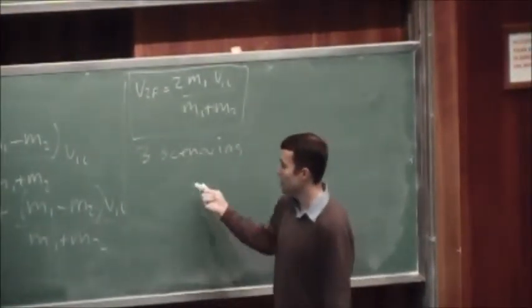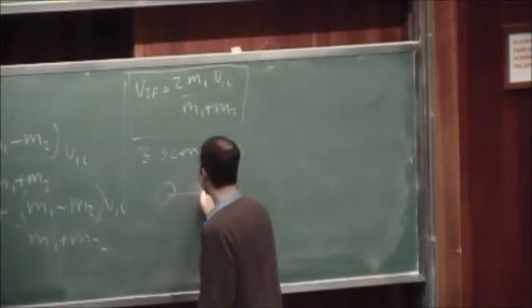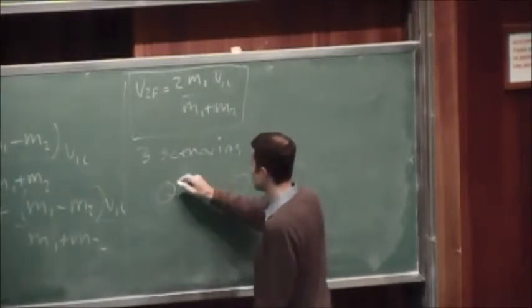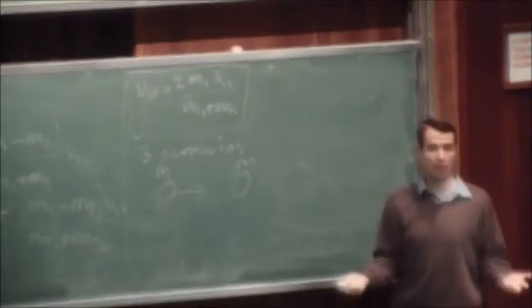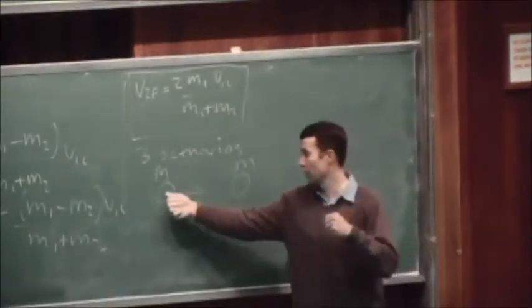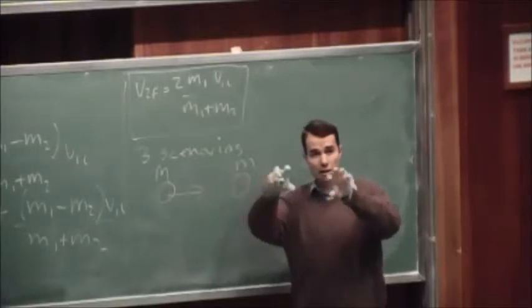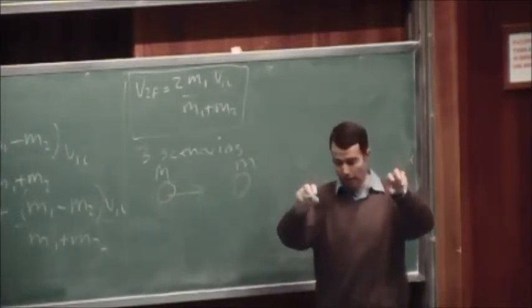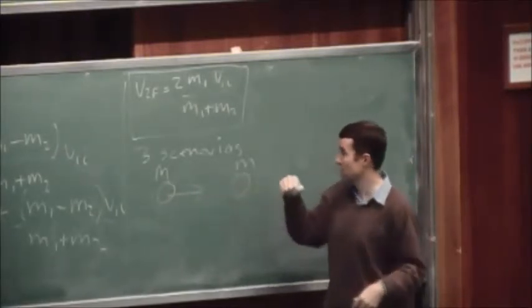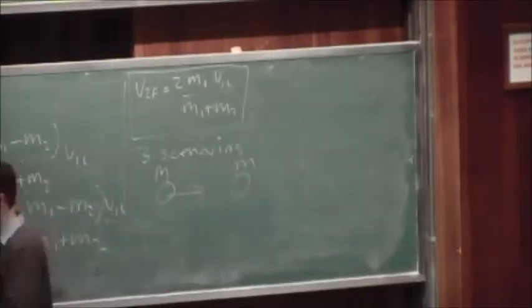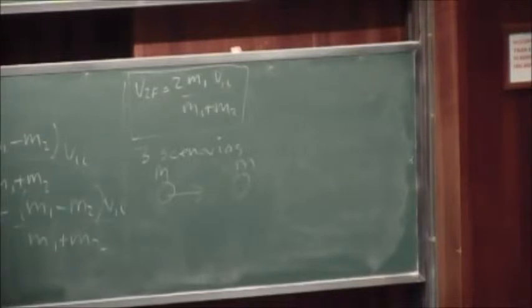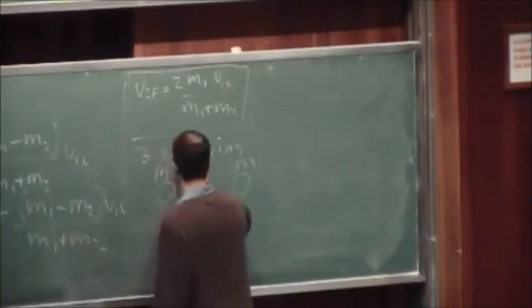The first scenario is when the moving mass and the target mass are equal, M and M. Let's say they're both mass M. Let's say we have a billiard ball scenario in which the cue ball and the ball you're hitting both have the same mass. Then what will be the velocity of ball one final? So this one's moving with velocity v.